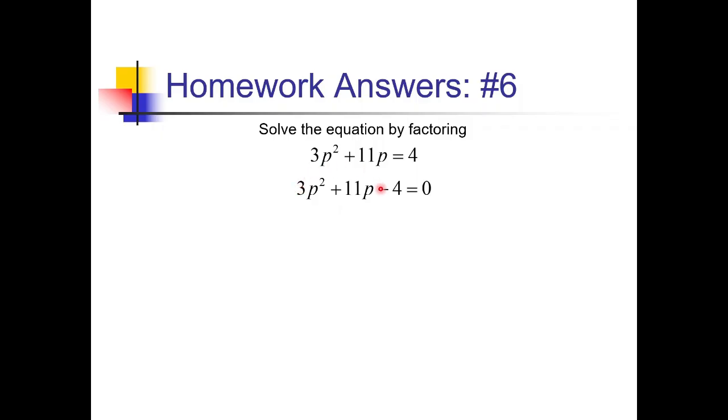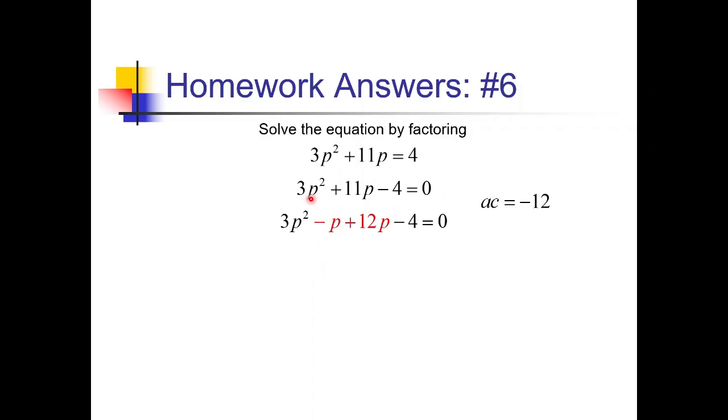So 3 times -4 gives me an AC value of -12. And then things that multiply to -12 and add up to 11. Let's see, 1 and 12 works if I have a -1 and a +12. So let me split this 11p up into a -1p and a +12p. Now that I've rewritten this with 4 terms, I can factor it by grouping.